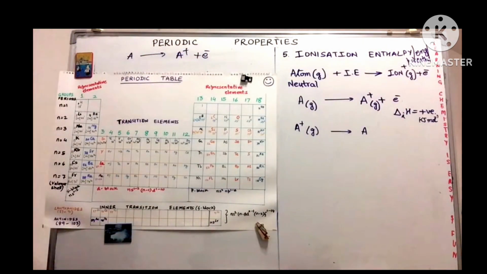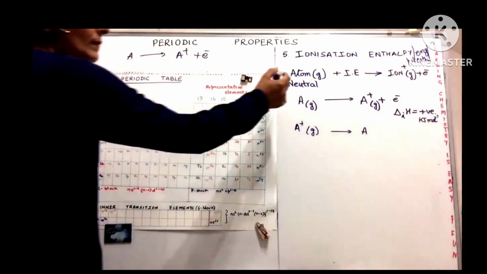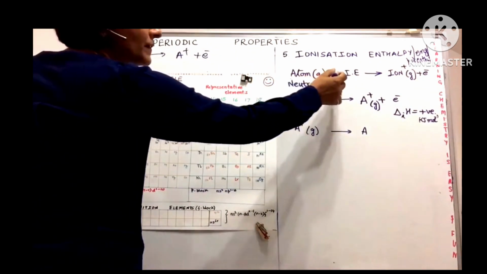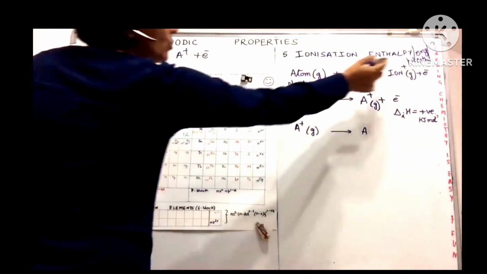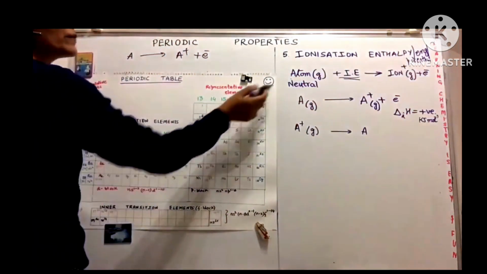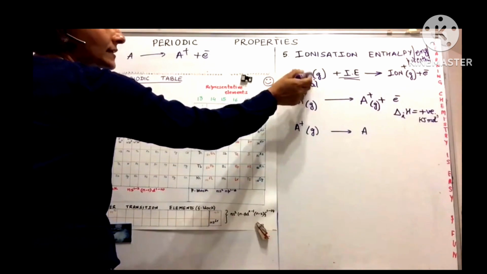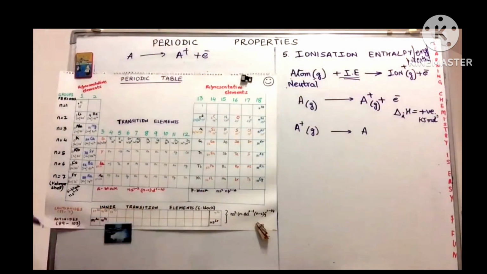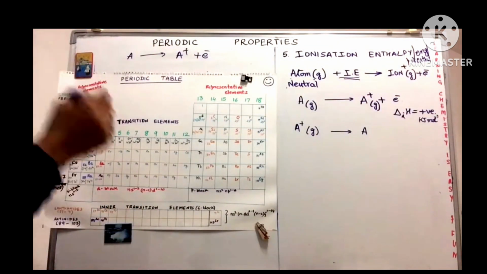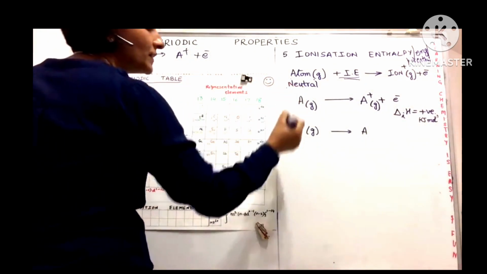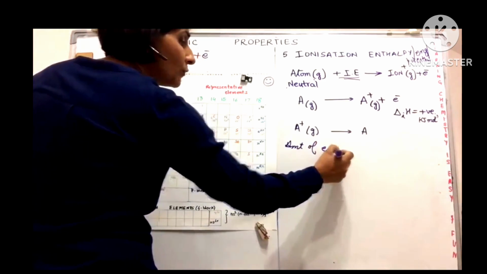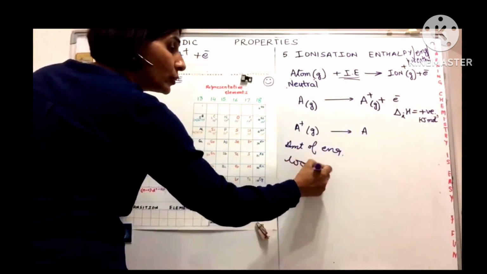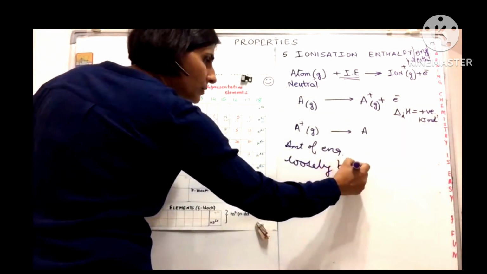Now, when we define it, we will say it is the amount of energy required to remove an electron from a neutral gaseous atom. Or okay, let me add one more thing over here. The amount of energy required to remove the most loosely bound electron.